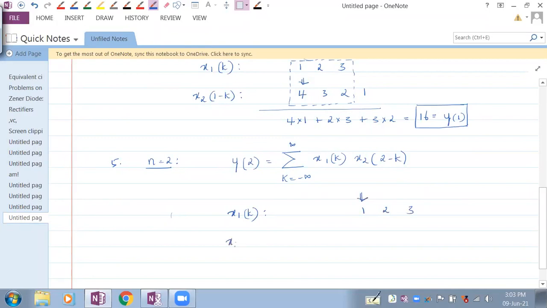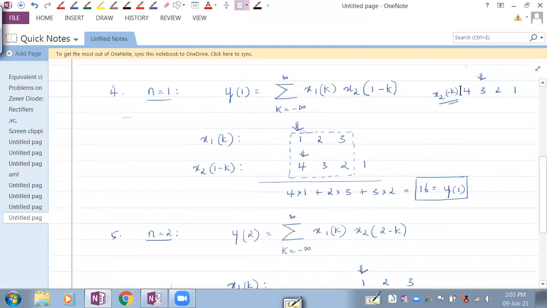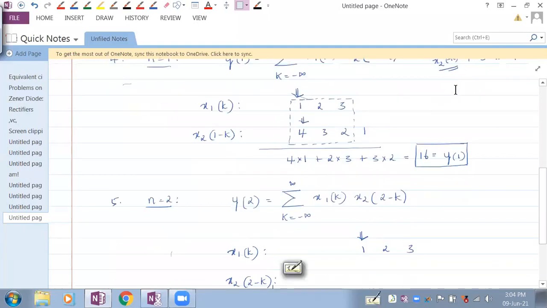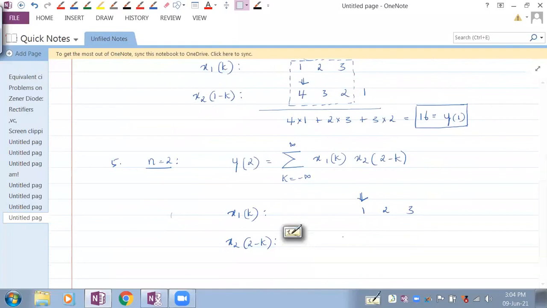Then what is x2 of 2 minus k? It is shifting x2 of minus k to the right by 2 positions. If you shift this to the right by 2 positions, the 0th sample 4 moves along, so you will have a 0 here, then 4, 3, 2, 1. So this is where your 0th sample would be.